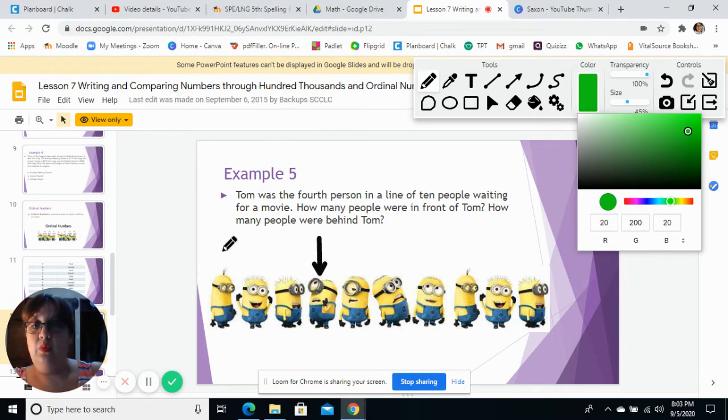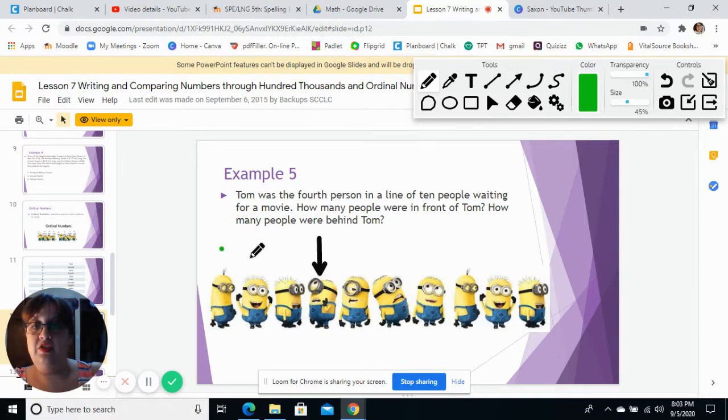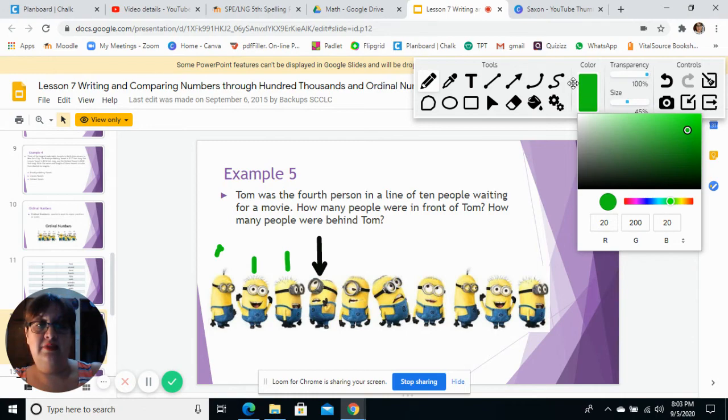We have 1, 2, 3. Okay, 1, 2, 3 people were in line in front of Tom. Here's Tom. And how many people were behind Tom? To figure that out, we would need to just count the people that are behind Tom in line.